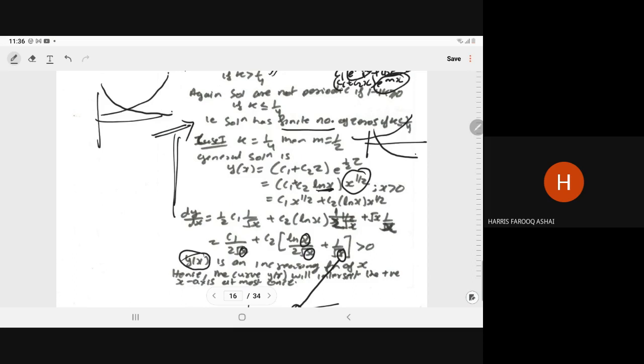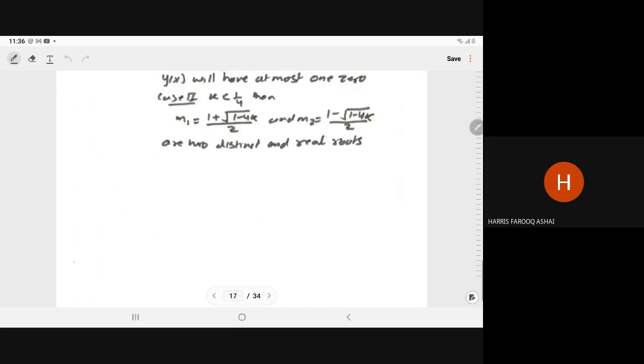The same type of things you can observe if you know the solution. Similarly, y(x) will have at most one zero. If k is less than 1/4, then we have two roots m1 and m2, and here the roots are real and distinct.